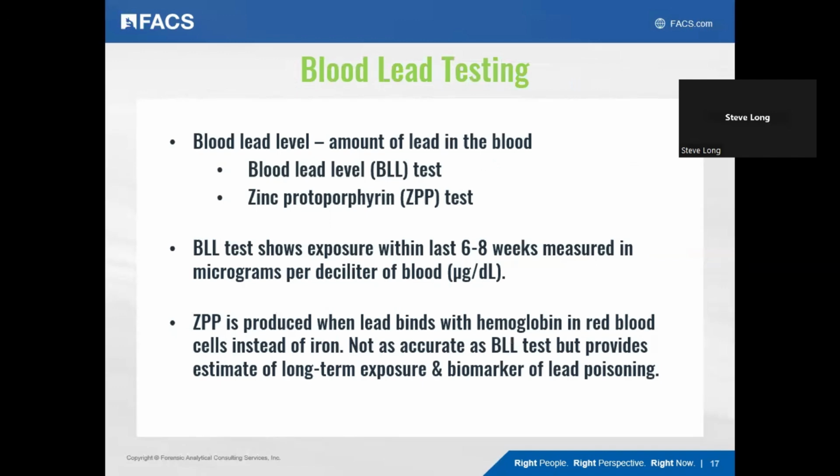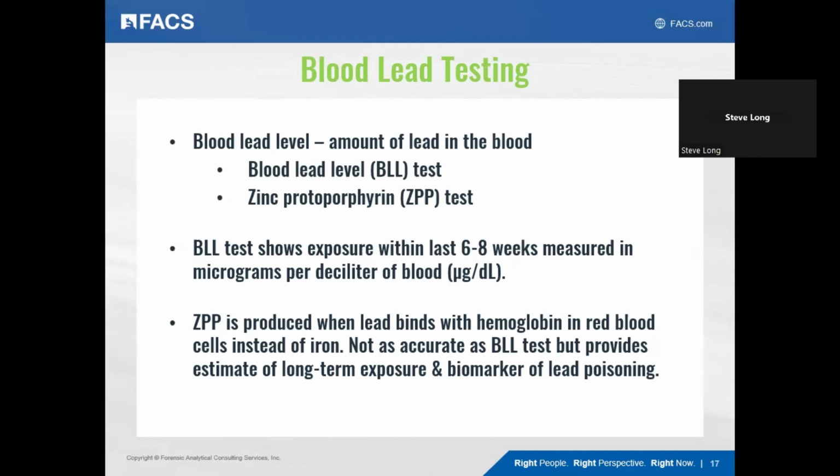Fortunately, we do have a good test for measuring lead exposures. We don't have that with all different types of contaminants, but we do have it with lead. We have 2 tests, the BLL or blood lead level and ZPP or zinc protoporphyrin test. The difference between the two is how far they can reach back to tell us about exposure.